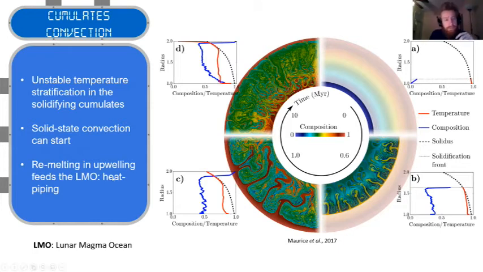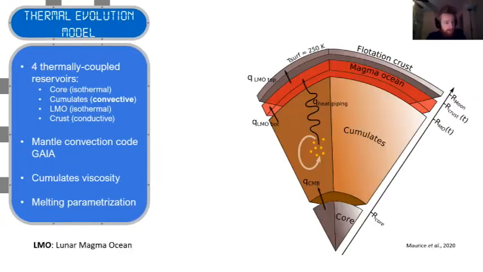And this mechanism that we call heat piping is what we investigated in a second time by modifying our model. And this time, instead of considering that the cumulates were undergoing simple heat conduction, we simulated thermal convection within these cumulates.